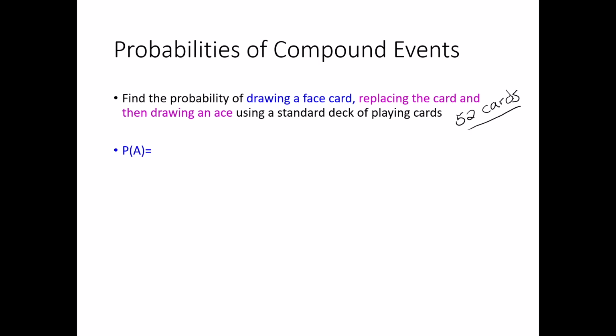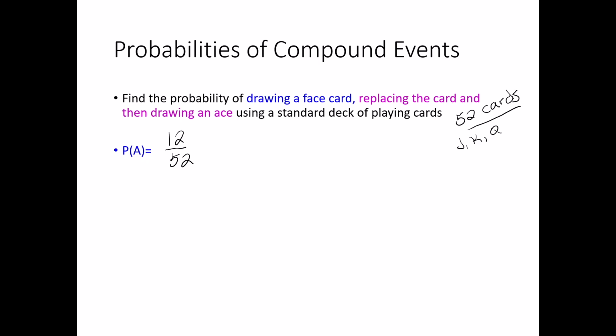So if you're not familiar with a deck of cards, there are 4 suits, and each suit has a jack, a king, and a queen. So each suit has 3 face cards, and there are 4 total suits. So we have a 4 times 3 would give us a 12 out of 52 chance of drawing a face card.